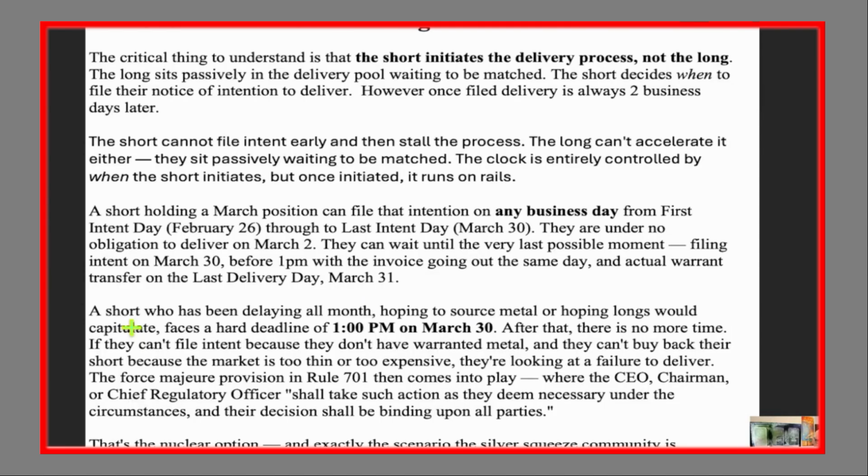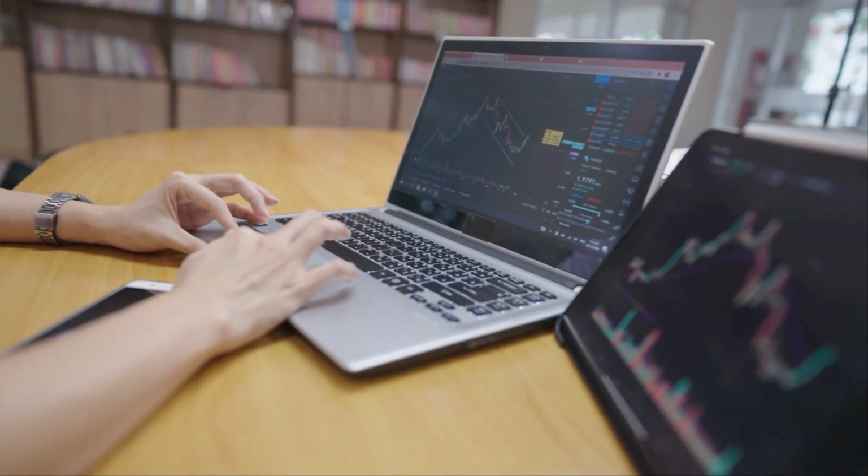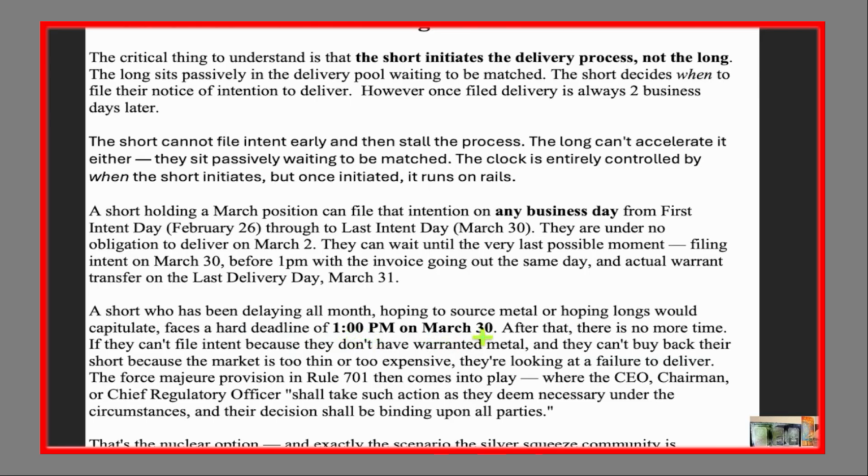If you've got a short who's unable to deliver or doesn't want to deliver on the first notice day, they can delay it, hoping that the longs will capitulate, but they've got a hard deadline, which is 1 p.m. on March the 30th.